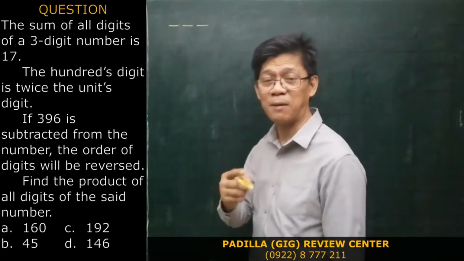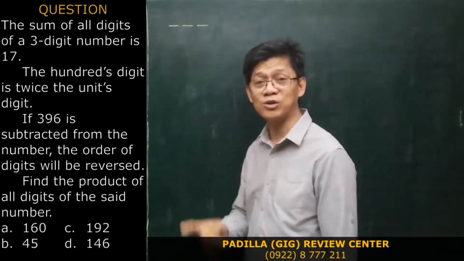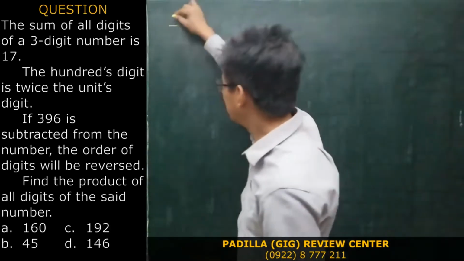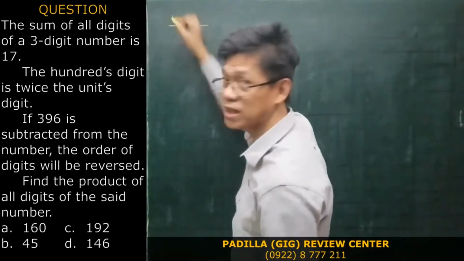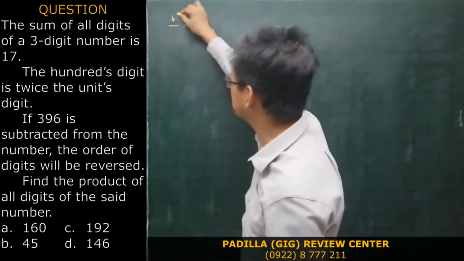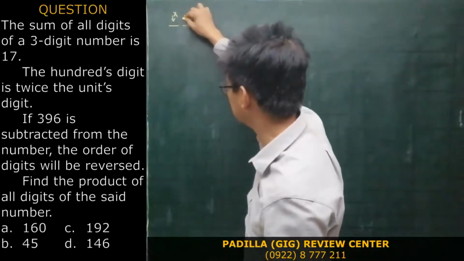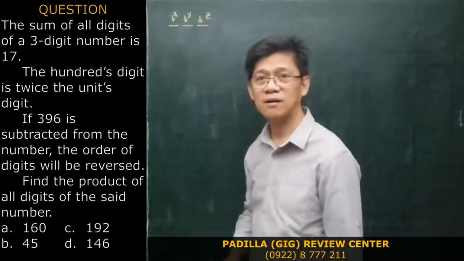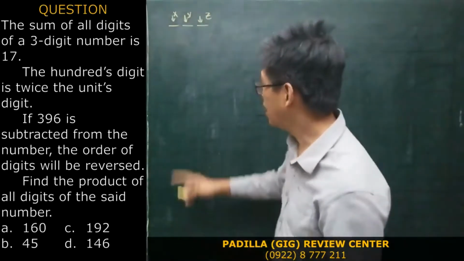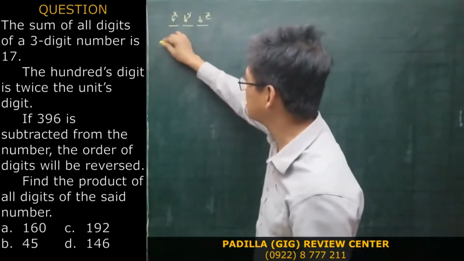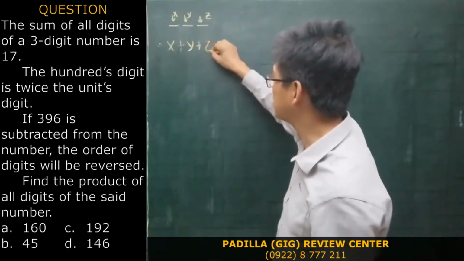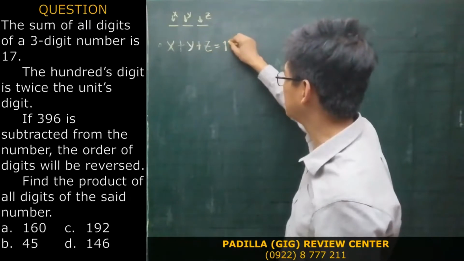That is what I meant by relationship or condition between the digits. So for each digit, we assign a variable. Let us say this is X, this is Y, and this is Z. Now, condition number 1 says X plus Y plus Z is 17.